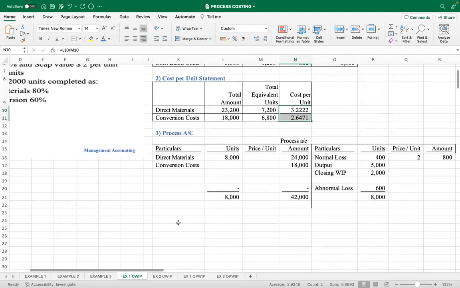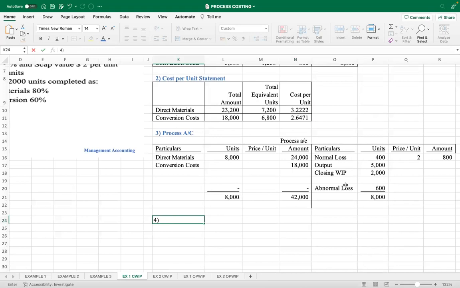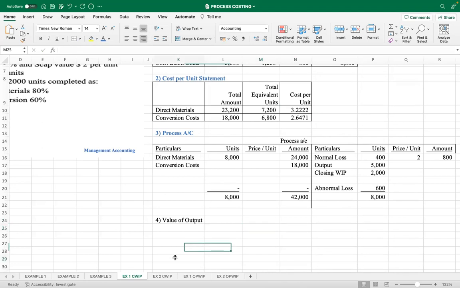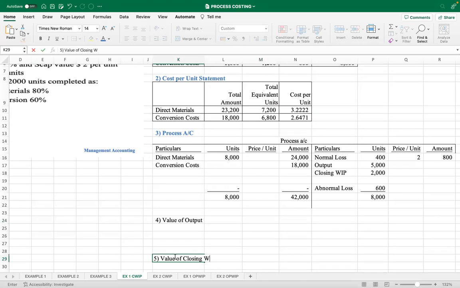Now, after you have done that, you need now to get the value of each of these items. Number 4, you can get the value of output. Number 5, value of closing work in progress, of course, completed.